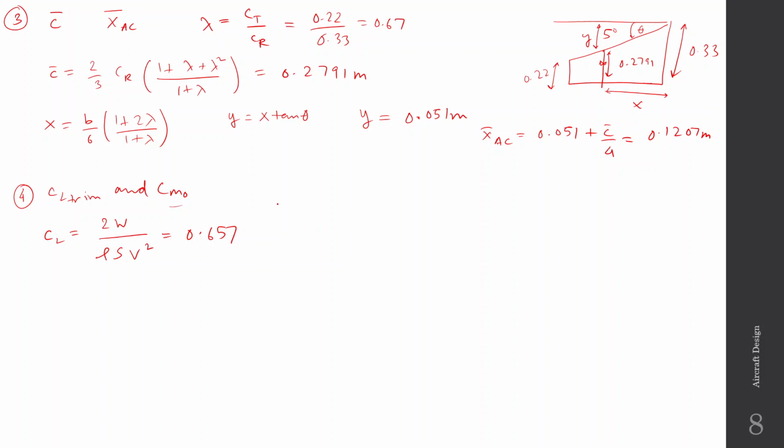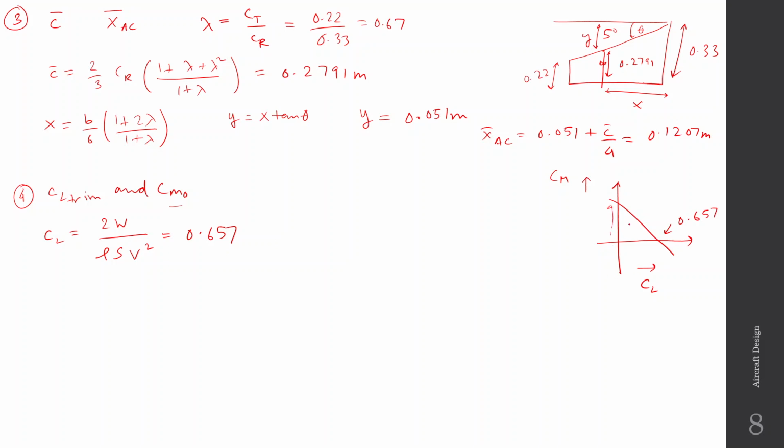And now we have to find out CM naught. So we can draw the CM versus alpha graph, sorry, this is not CM versus alpha, this is CM versus CL. At trim condition, the CL is 0.657. So this point is 0.657, and we have to find out CM naught.